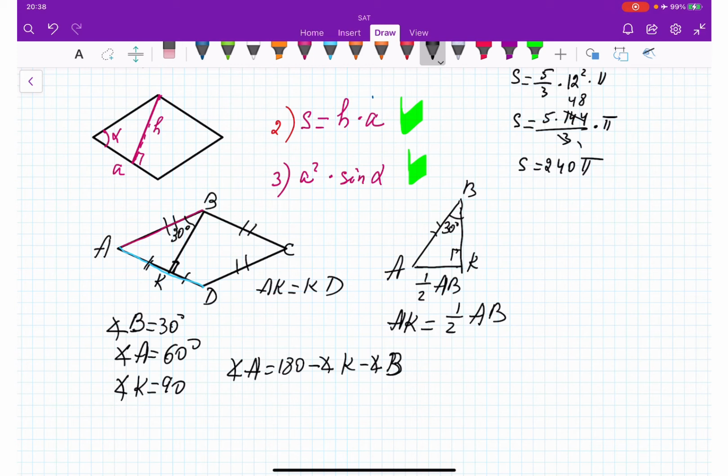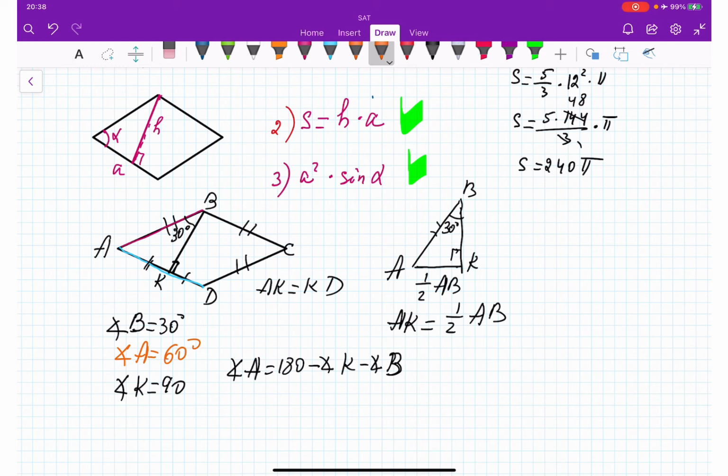And we will get angle A, that is going to be 60 degrees. Okay. So since I have the angle of 60 degrees, I can use the third formula, right?